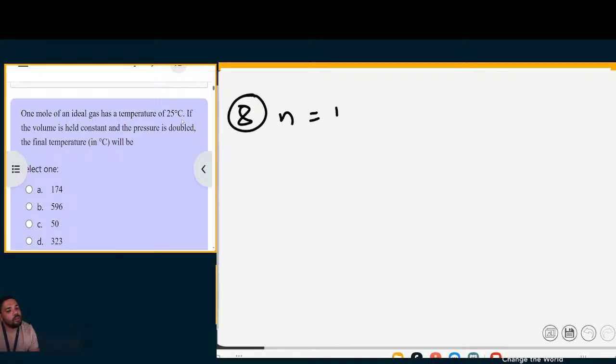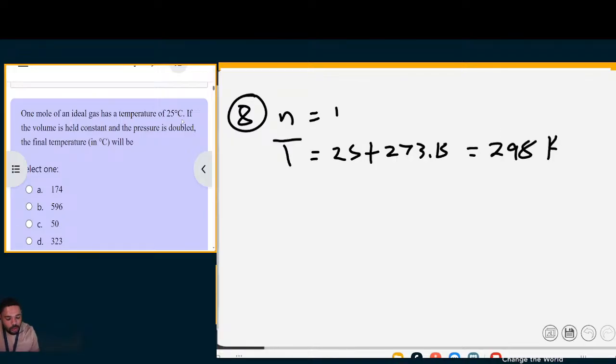So n is equal to 1, and it has a temperature of 25 degrees Celsius. So I will say, just check here, it's 25 plus 273.15, that is equal to 298.15. I'm just writing down everything.